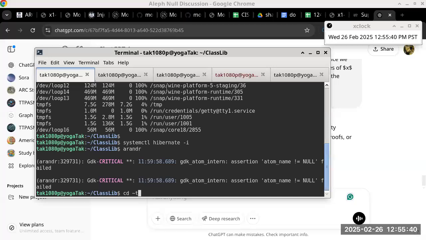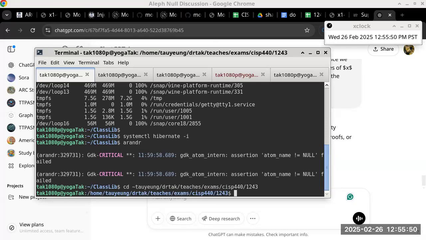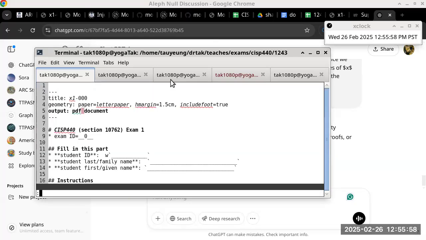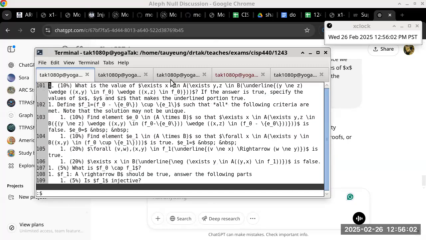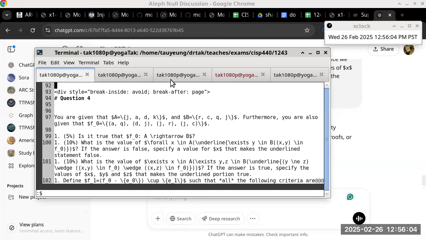So I have to go to exams, CISP 440, 1243, and then look at X1, and I think I maintained the MD file. Yes, I did. That's the last question. So we are looking at question 4.